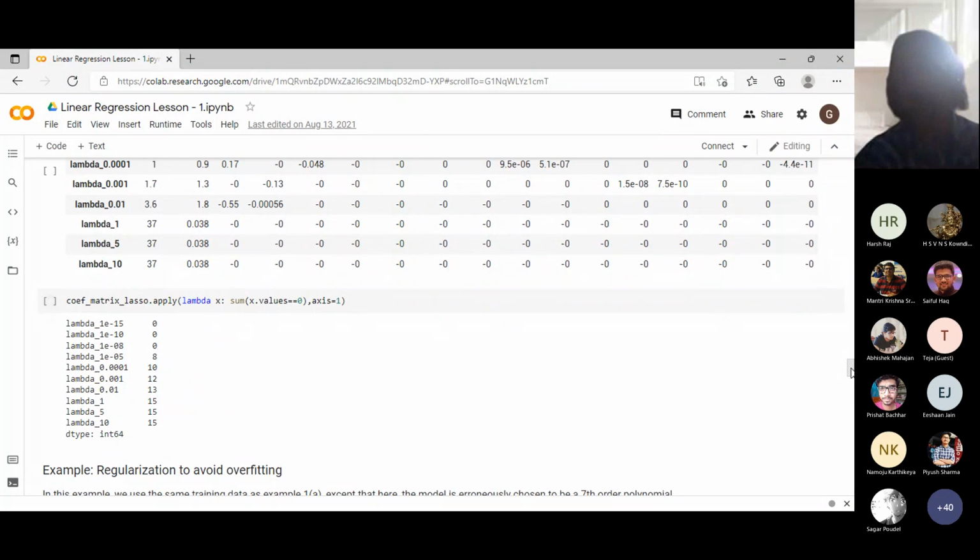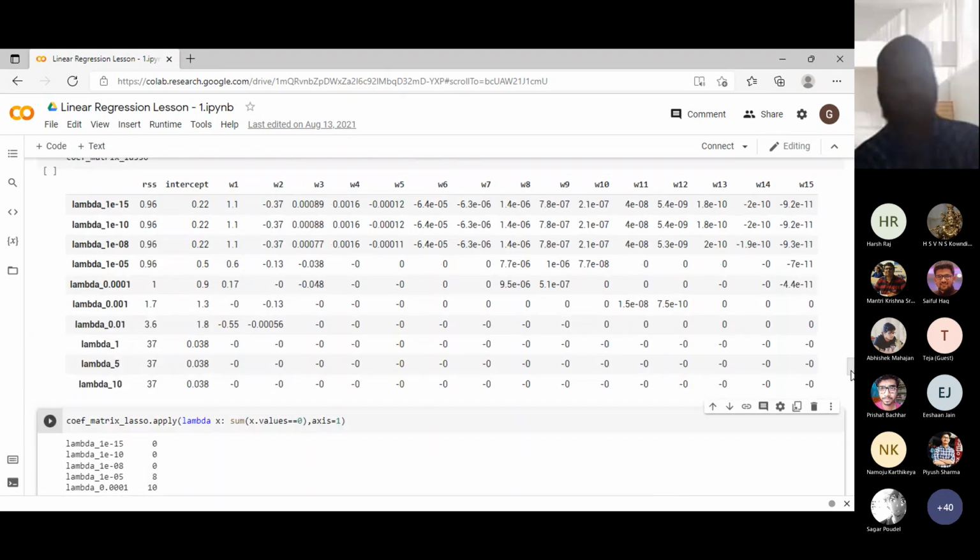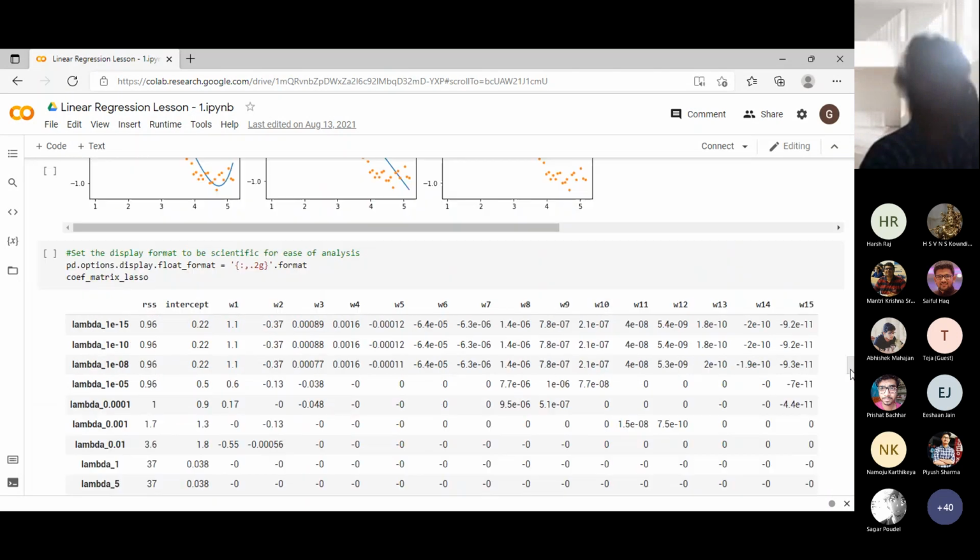That is a sparse solution. Those with lots of zero weights are sparse solutions. Does that help? Yes, sir, I understand. Thank you.